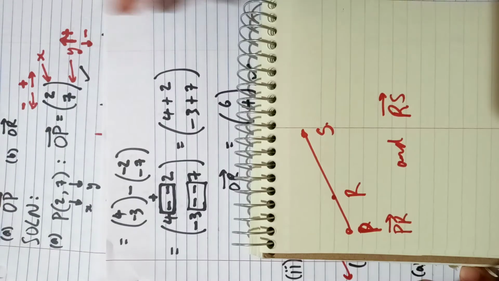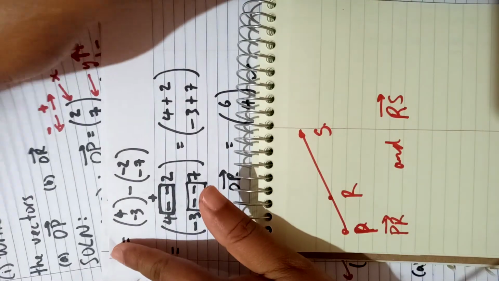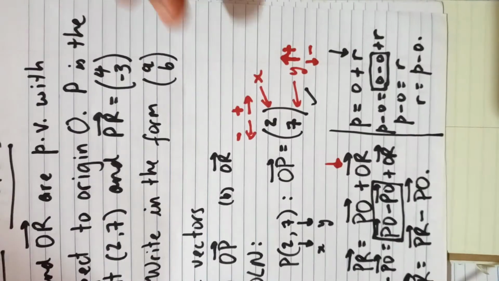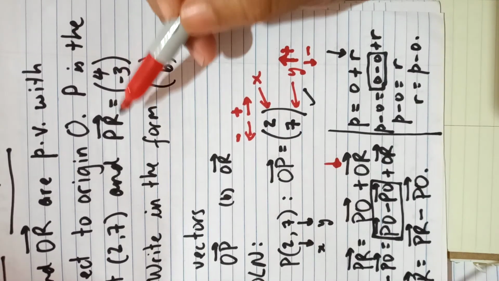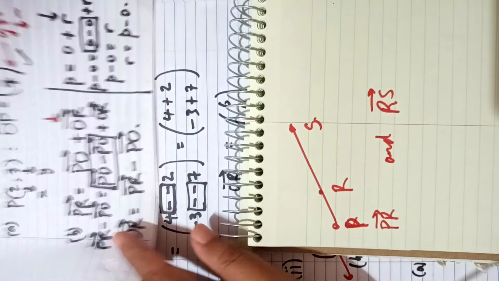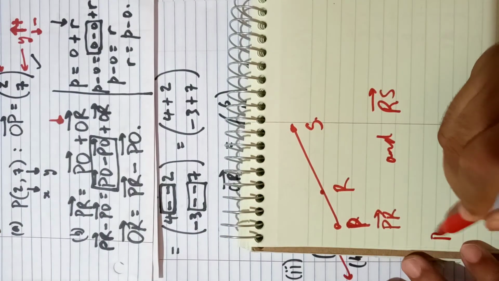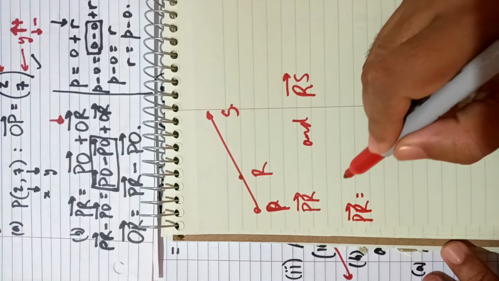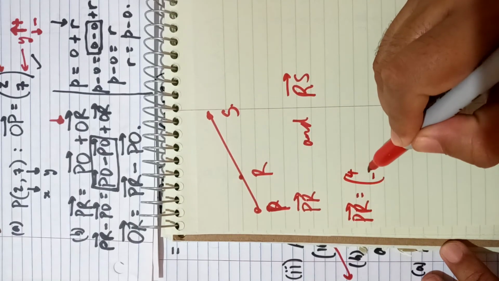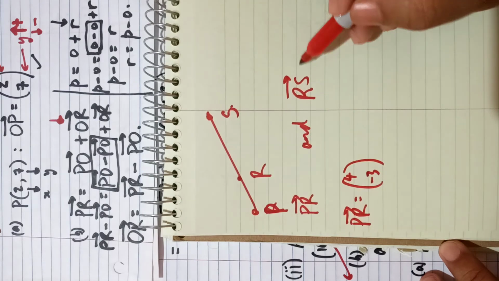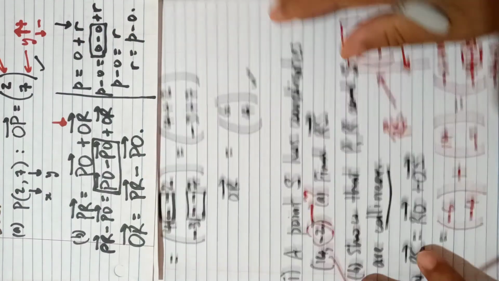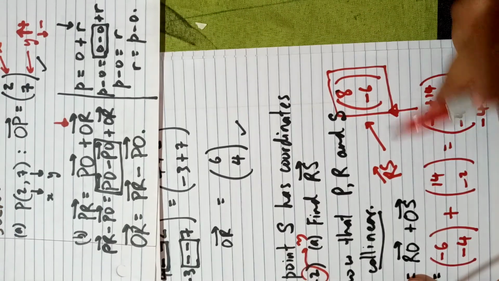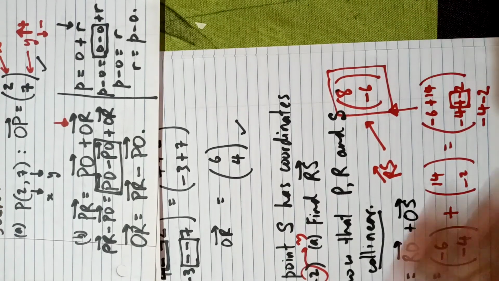PR was given at the top of the question. PR is 4, negative 3. So let me write that down. P to R is 4, negative 3. What about RS? Yes, we just worked it out. RS is 8, negative 6.